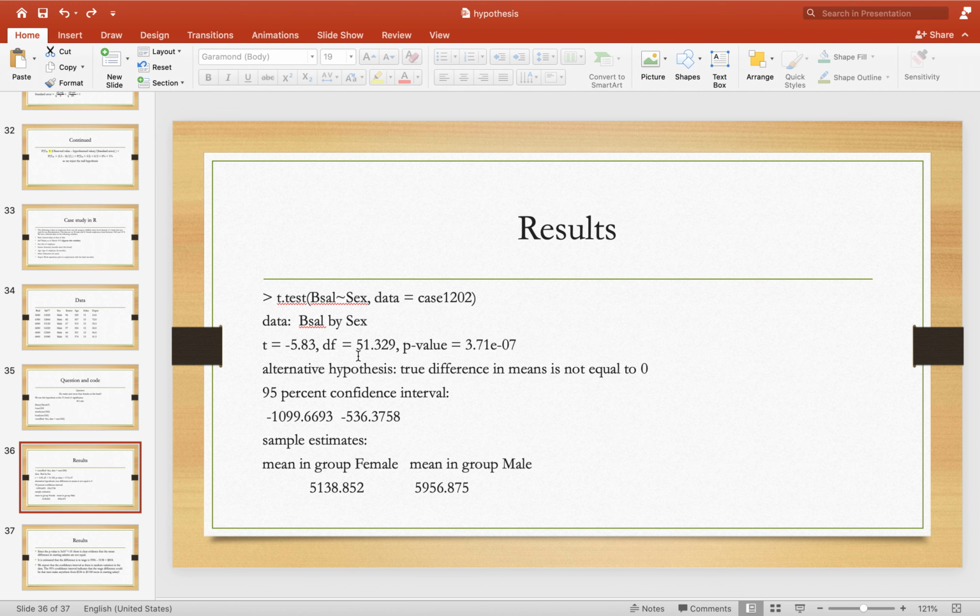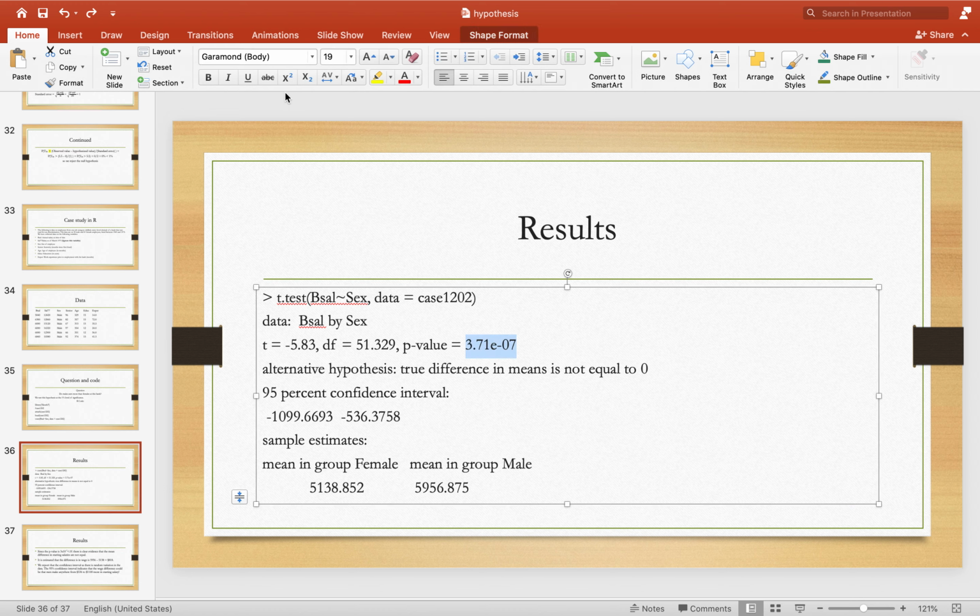What we'll see is this T statistic will have this degrees of freedom, but what I'm really interested in is this, that p-value. Okay. Now, I like to point out our degrees of freedom is fractional because we have an imbalance.